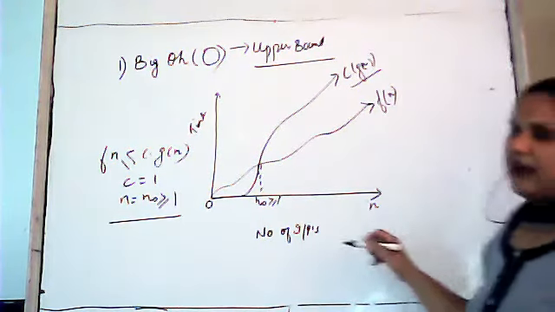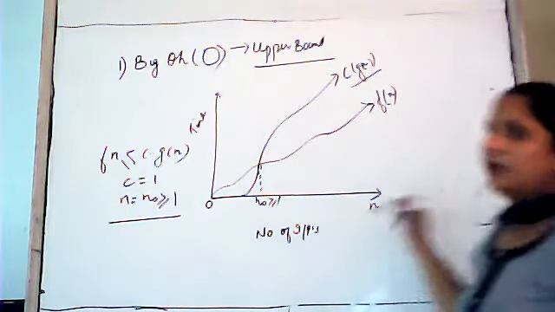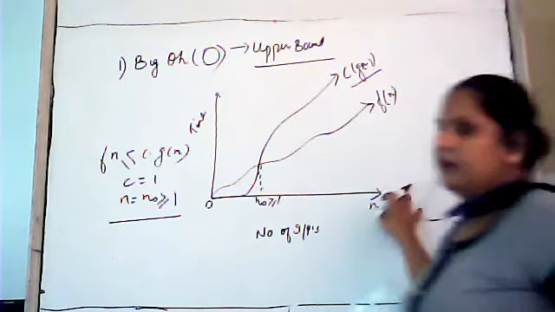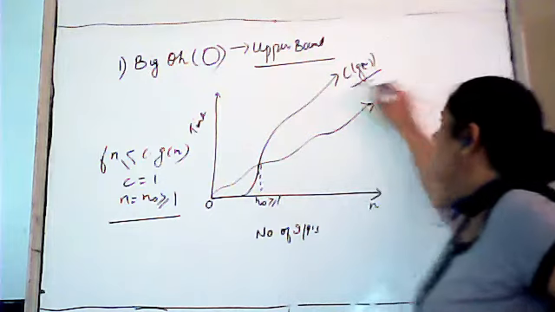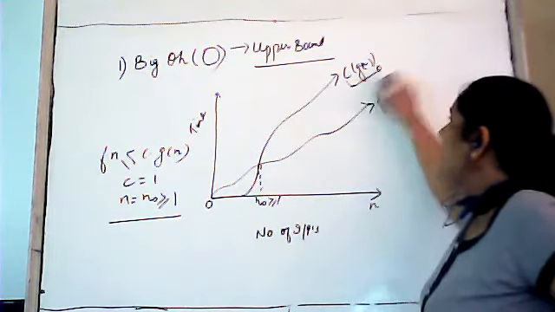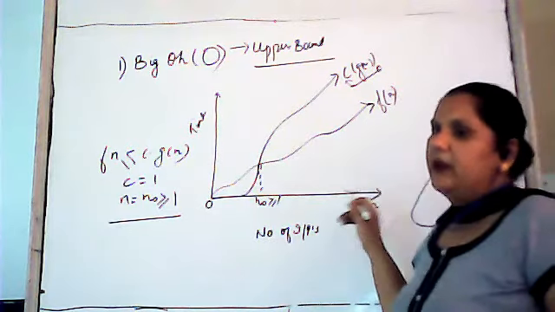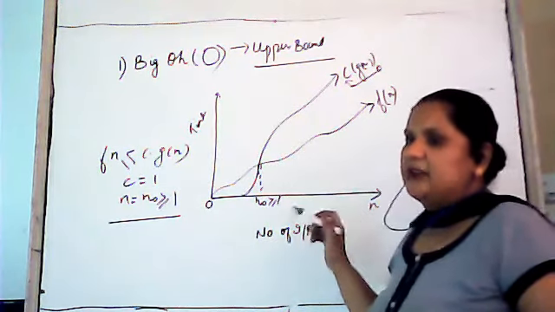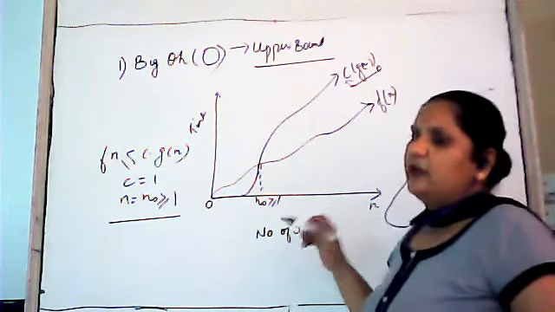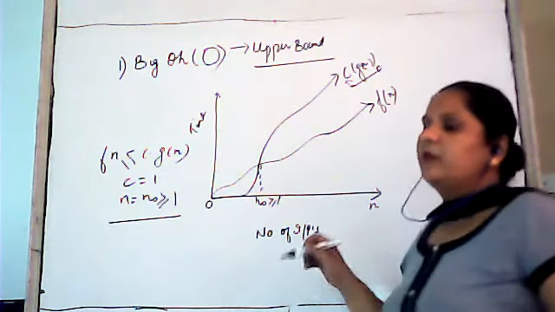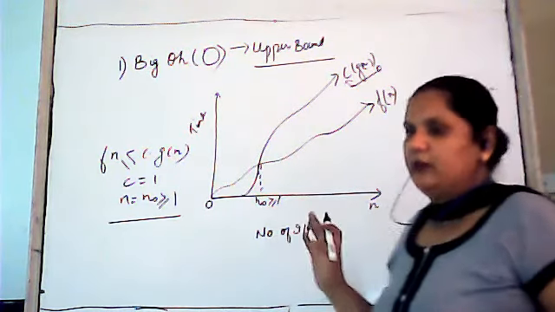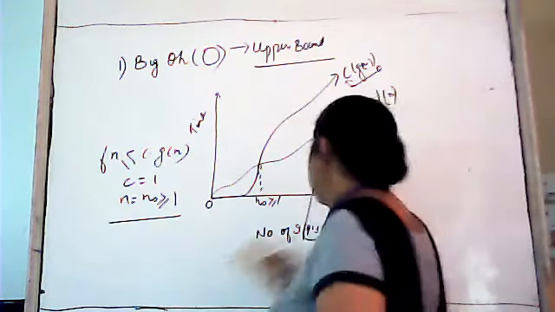If we give large inputs to the program, the maximum time taken to execute will be determined by the function c g of n. C is any constant multiplied with g of n, and it is always at least 1. You may take bigger values, but the minimum value of C would be 1. So we have to satisfy this condition.